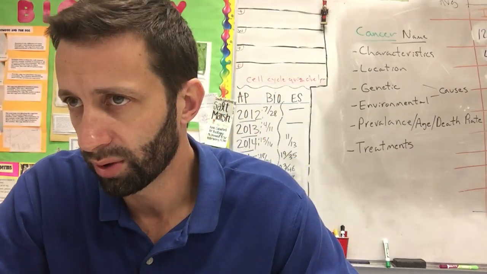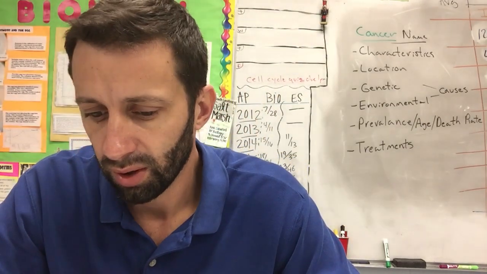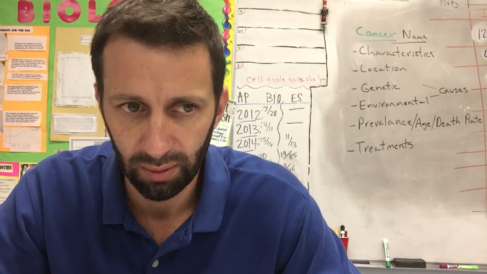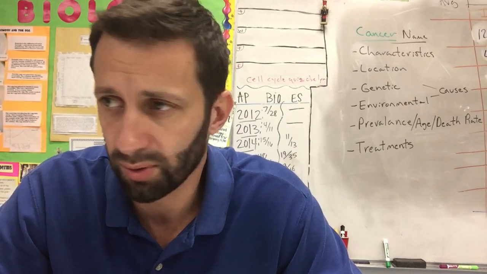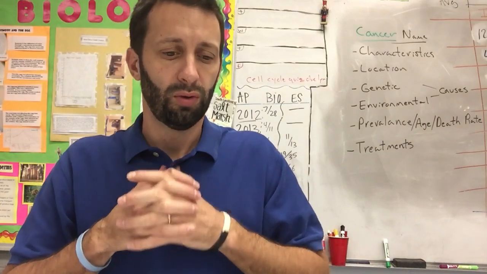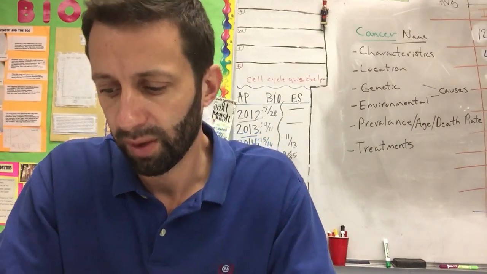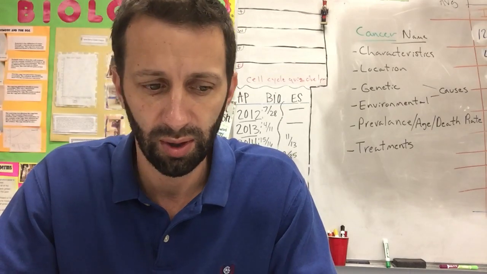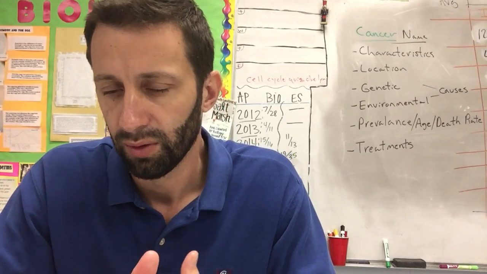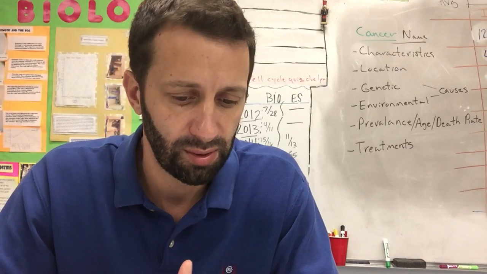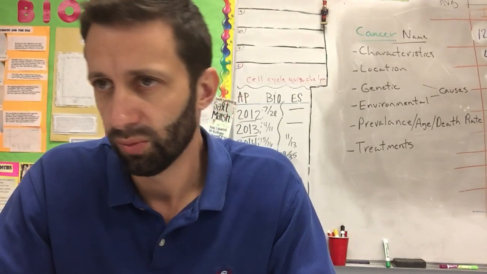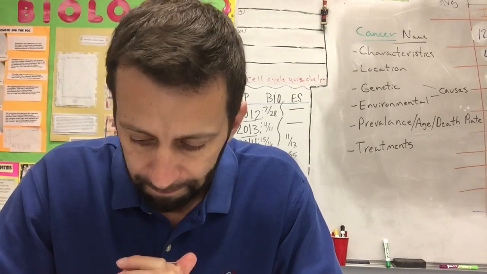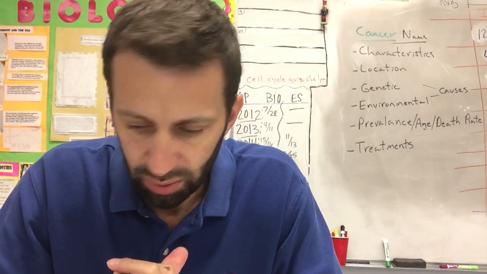You can do it on an index card. It doesn't have to be full sentences. And I would like for you to pick a cancer that someone near you or that you know of, either in the family or close to your family, has had, so that you have a little better understanding of what it is and what causes it and what you're up against. Okay?